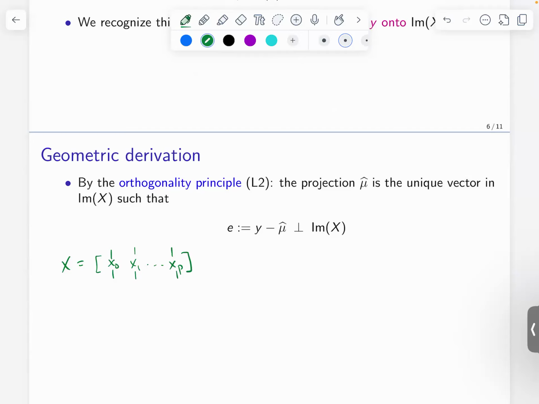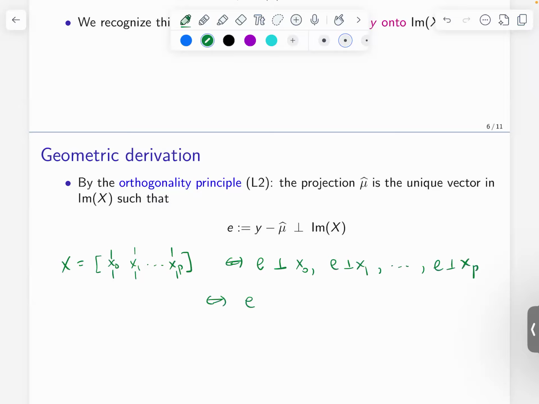One thing that you can argue easily is that a vector is orthogonal to the image of x, which is the span of the columns, if and only if it's orthogonal to every column. So this is equivalent to saying e is perpendicular to x naught and also x1 and also x2, all the way to xp.